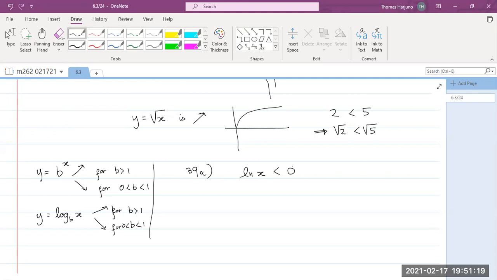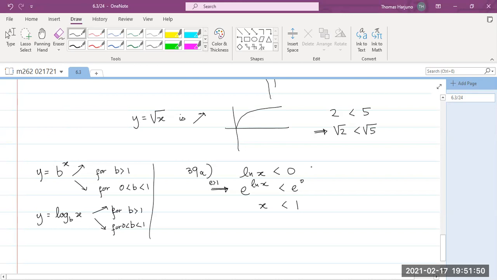So when you apply the exponential, e to the ln x is less than e to the 0. The left-hand side is x, the right-hand side is 1. Now notice that you need to be careful here. This is true because e is greater than 1. That's why we maintain the inequality.